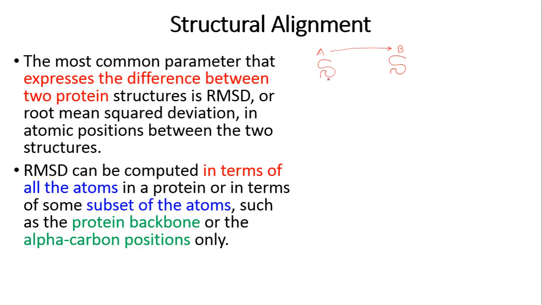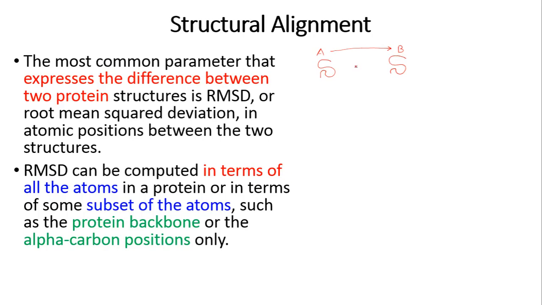When you want to compare two proteins at the structural level, you first need to align the two structures, right? And after alignment, you need to figure out some quantity that would express the similarity or difference between the two aligned protein structures.